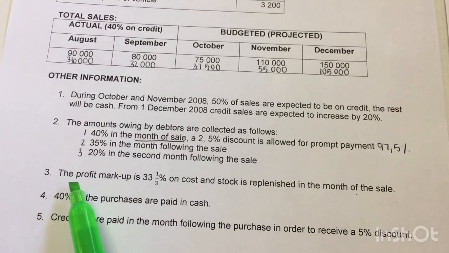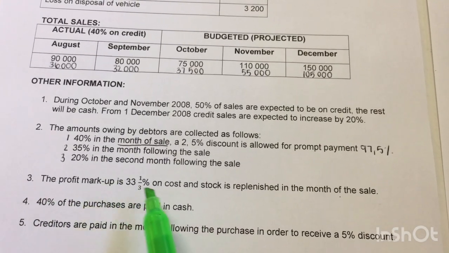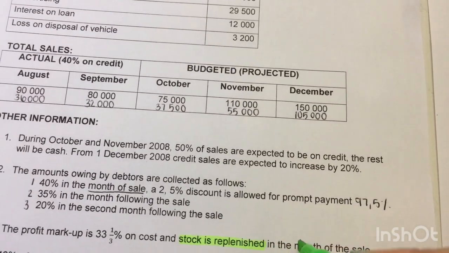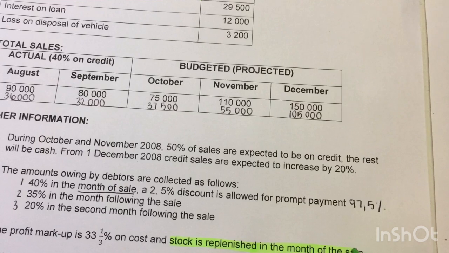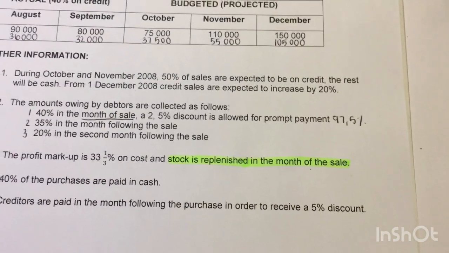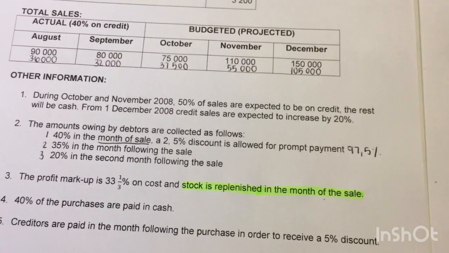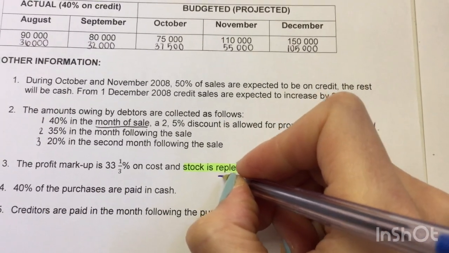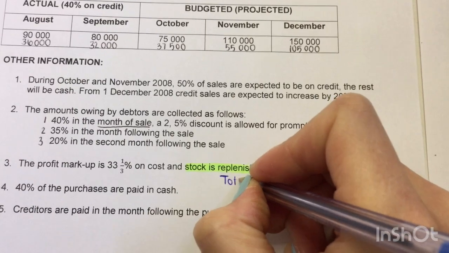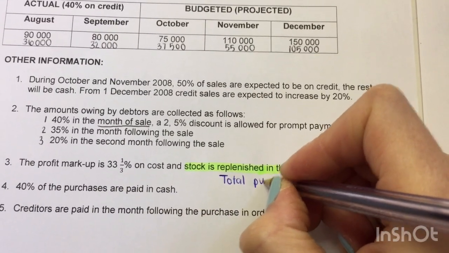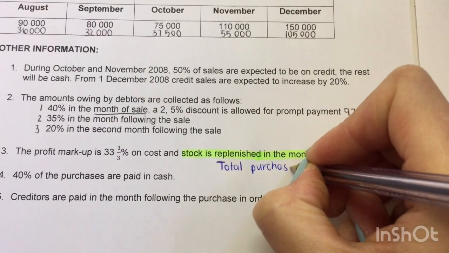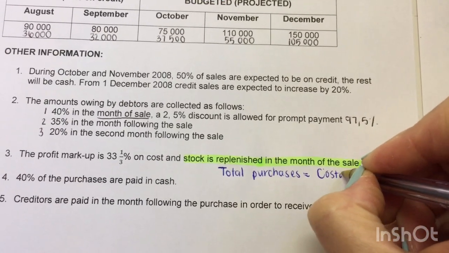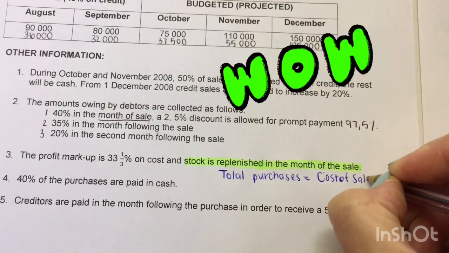So if I look over here, it says that the profit, they give me the profit markup, but then I'm looking for this part of the sentence. Stock is replenished in the month of the sale. That little sentence tells me a very important thing. That tells me that total purchases equals cost of sales.